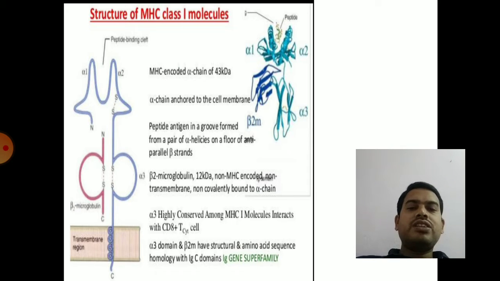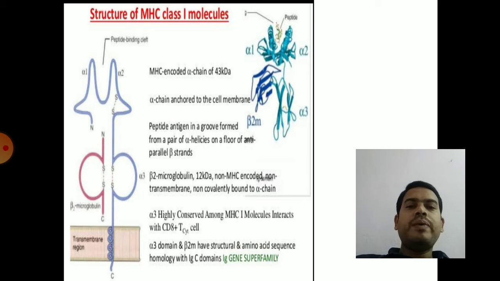If you see the structure of class 1 MHC molecule, you can clearly see the alpha chain, which is 43 kilodalton. It is a single transmembrane alpha chain, coming from the transmembrane region, containing the loops alpha 1, alpha 2 and alpha 3 and an intrachain disulfide bond.